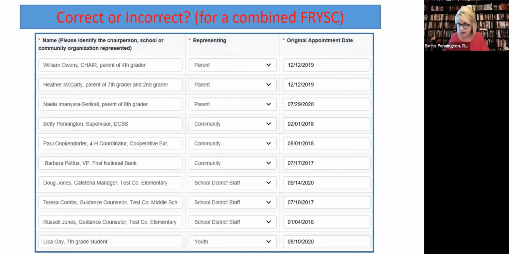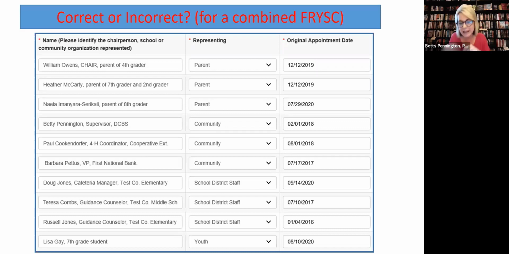So we're going to look at a sheet here. First of all, if you want to refer to the ratio sheet in section 3 in your book, you can. It may help a little bit. But there are 2 incorrect things on this listing. Can you tell me what one of them would be? Absolutely.